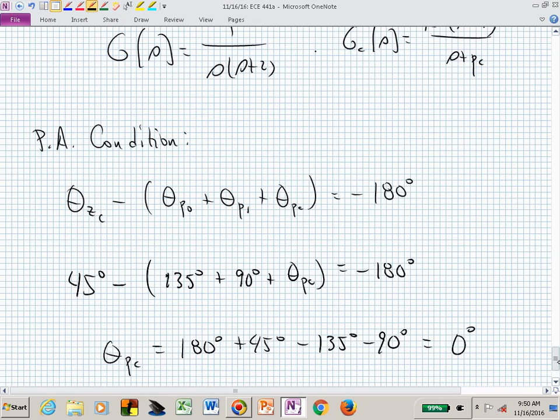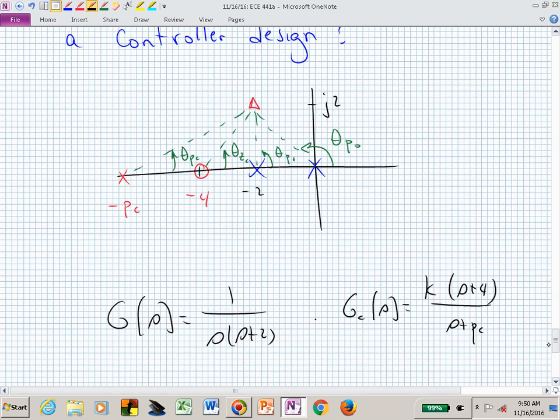That means I don't have a solution for this choice of s delta and that 0 location of my controller. That combination is causing me to not have a realizable controller. So I either have to change my triangle or my 0 location or both.